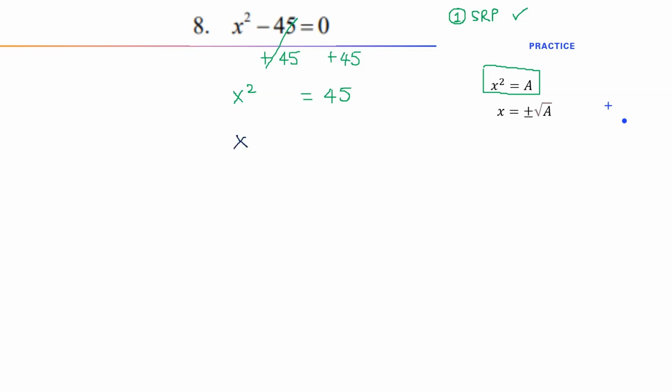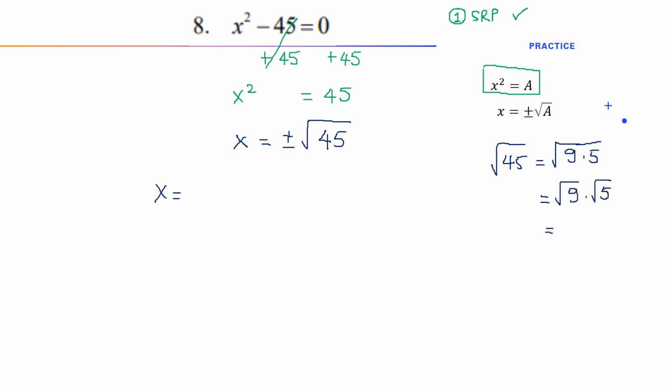So now we have x equals plus or minus square root of 45. Easy. But then we have to simplify it. The square root of 45 equals square root of 9 times 5, which equals square root of 9 times square root of 5, which equals 3 square root of 5.